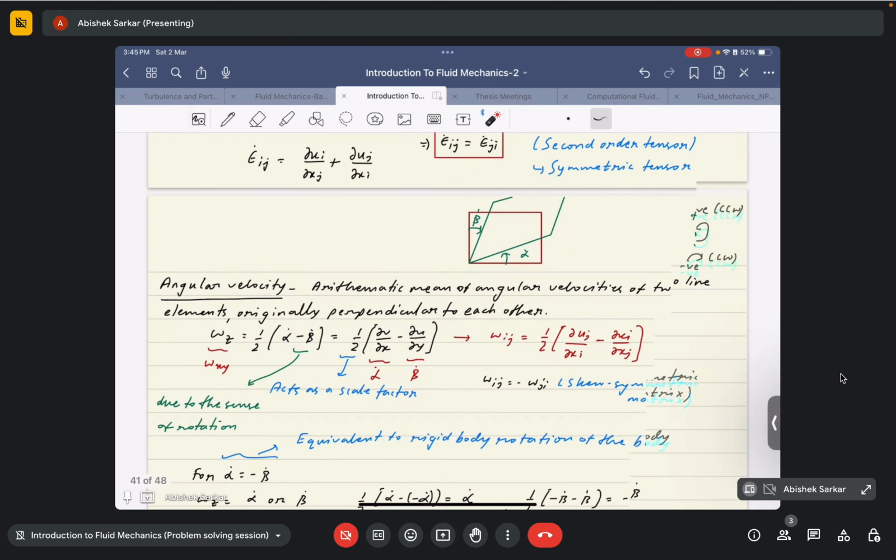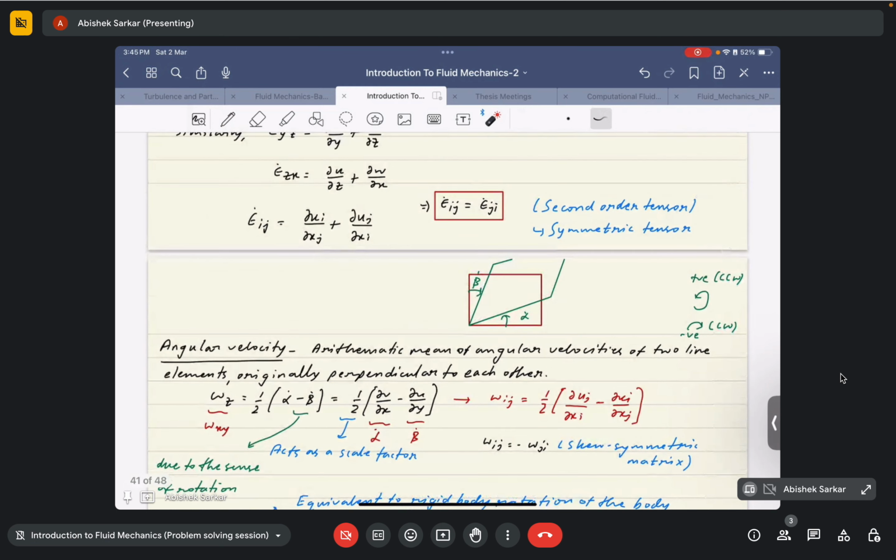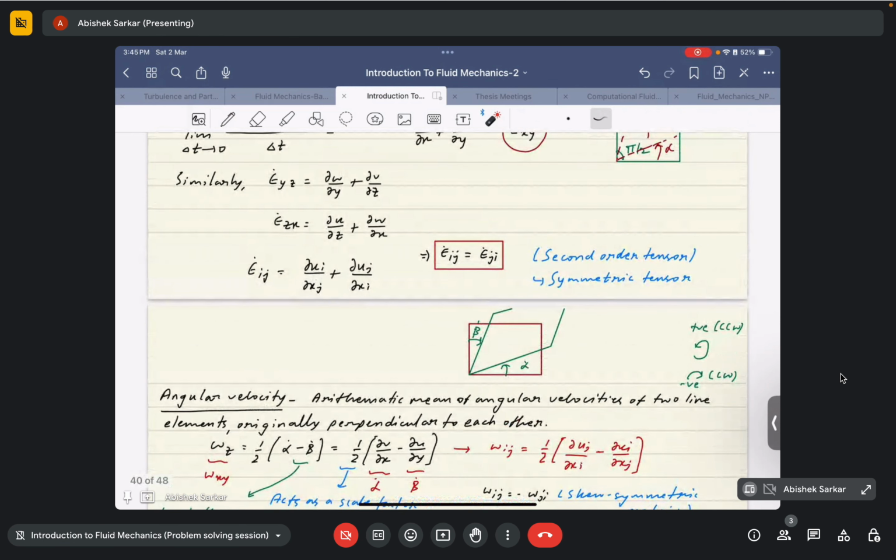Similarly, the shear deformation or angular deformation tensor is a symmetric tensor. That is, E dot ij is equal to E dot ji. Basically, if you take the transpose of this matrix, a 2 cross 2 matrix for a 2D flow and a 3 cross 3 matrix for a 3D flow, then the transpose of that matrix would be the same as the initial matrix.